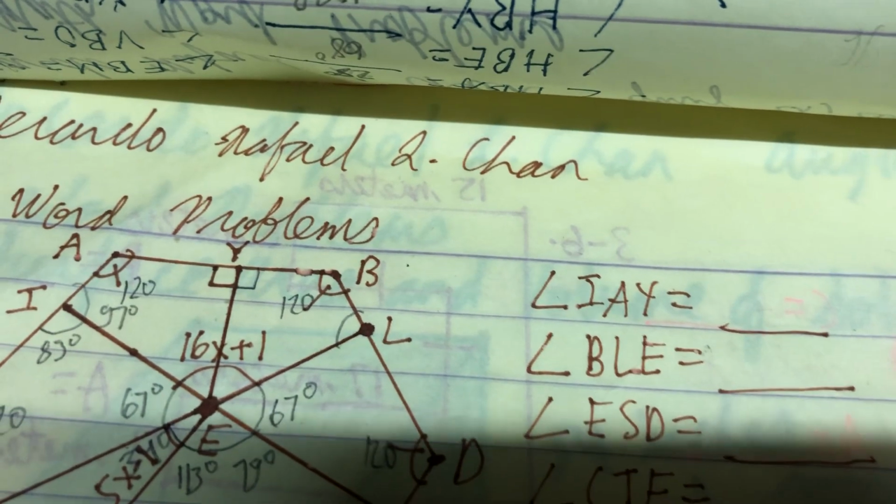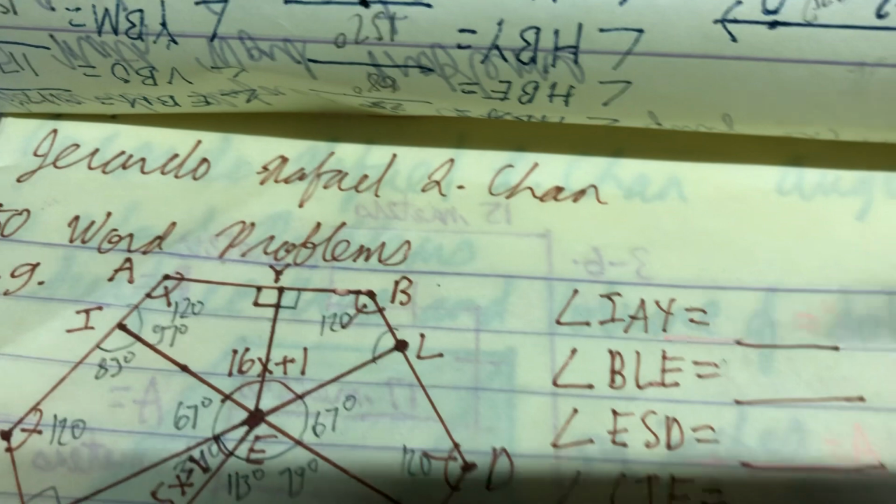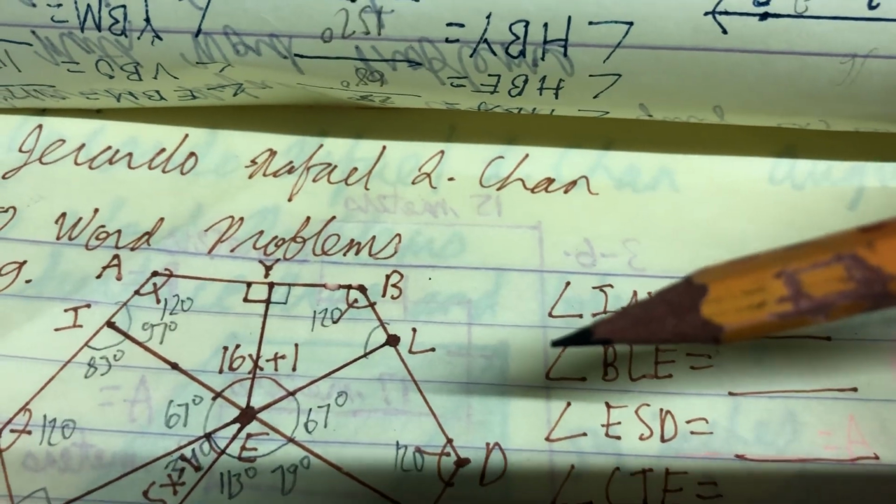Wait a minute. Wait. Because this is a pentagon, right? So actually it's 120 plus 120 is 240. And then 240 plus 97 plus 113 is 450 degrees.